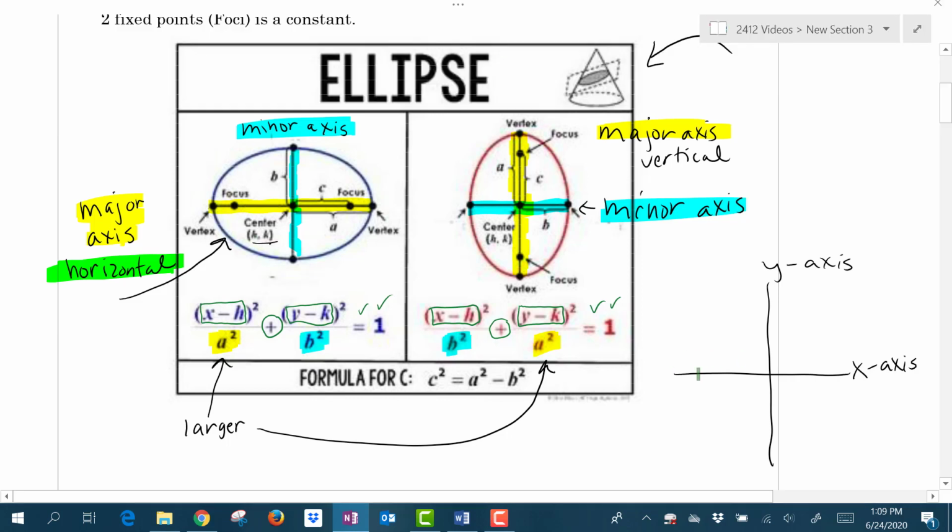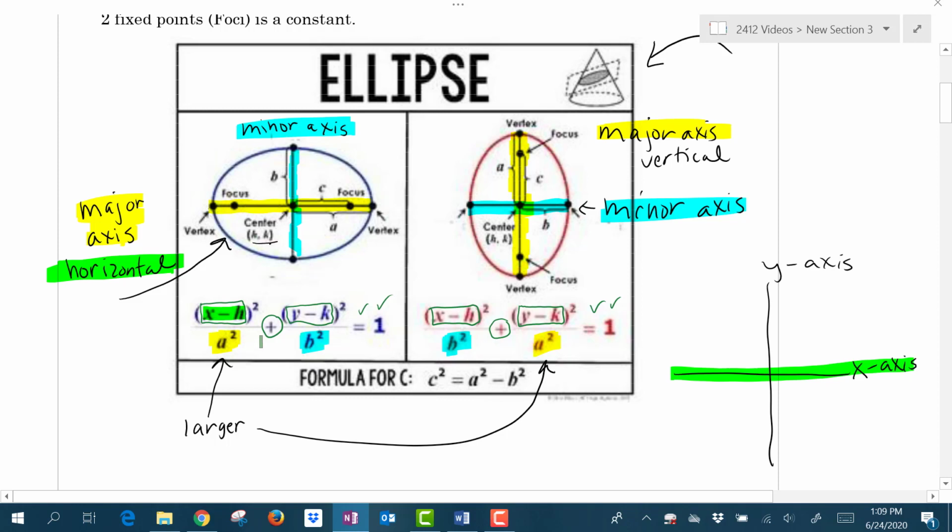The x-axis is the horizontal axis. If the major axis of the ellipse is going to be horizontal, what we're going to see is that the larger value, or the a squared, the larger of those two denominators, will be underneath the x variable. So it will be part of the x fraction.